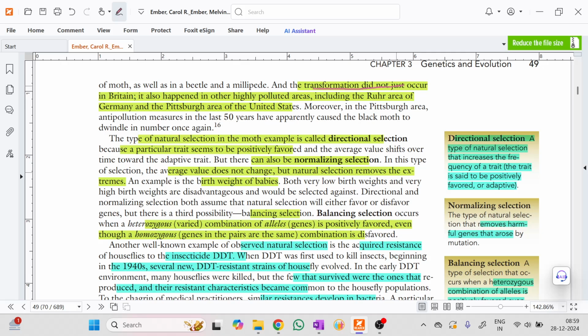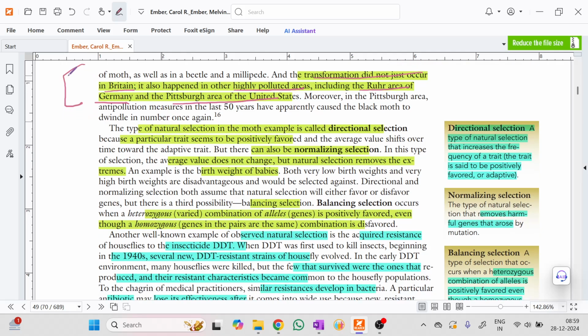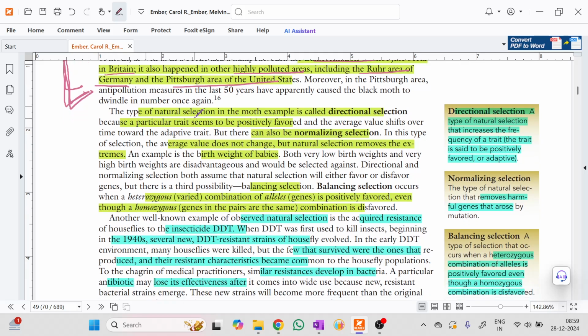And this transformation did not just occur in Britain, it also happened in other highly polluted areas such as the Ruhr area of Germany or Pittsburgh of the United States. And in the same way, such working examples of natural selection have been observed. The type of natural selection in the moth species is known as directional selection.